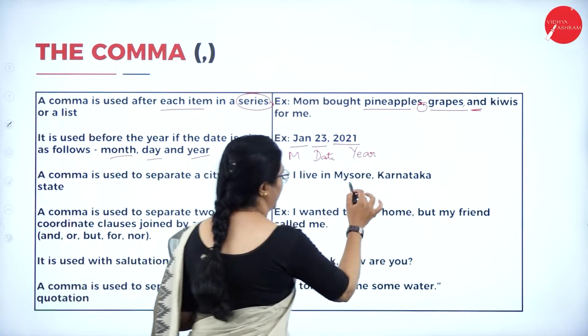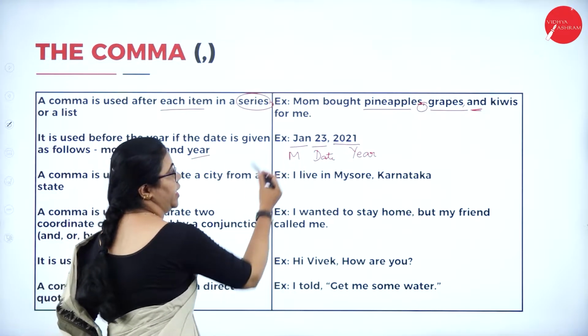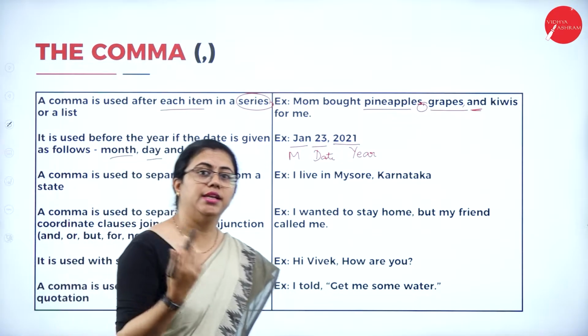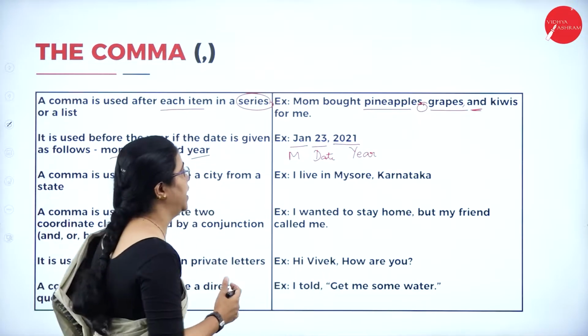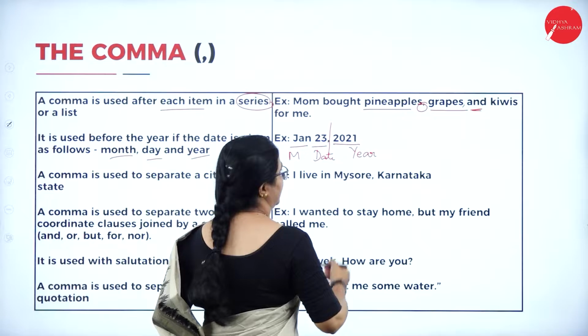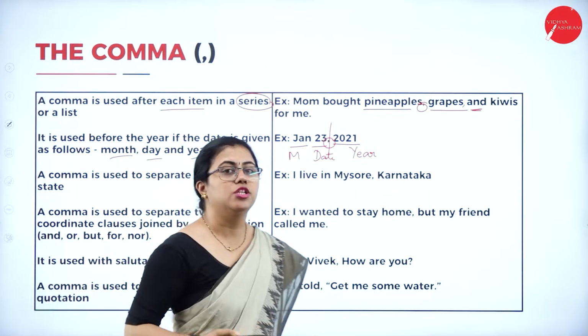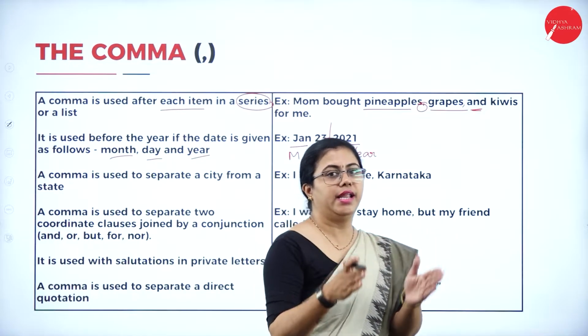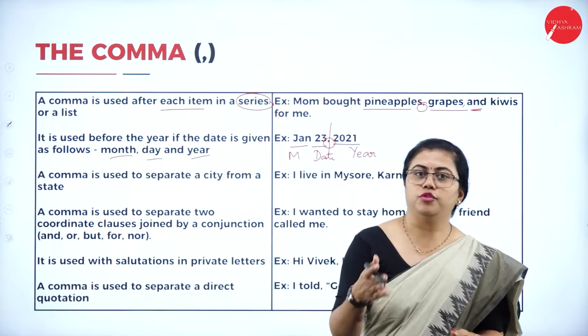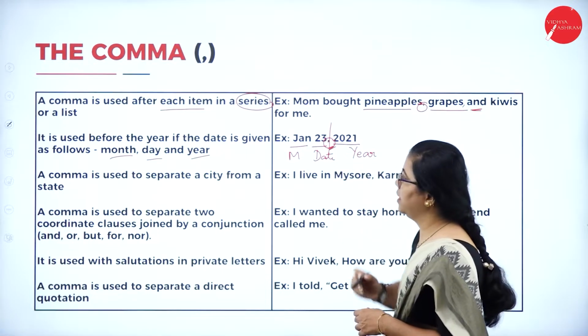You are writing it in a long form, so you are not writing 01 here; you are writing the name of the month. In order to divide the date and year, you put a comma in between. Whenever you write month, date and then the year, you have to put a comma after the date. Keep that in mind.